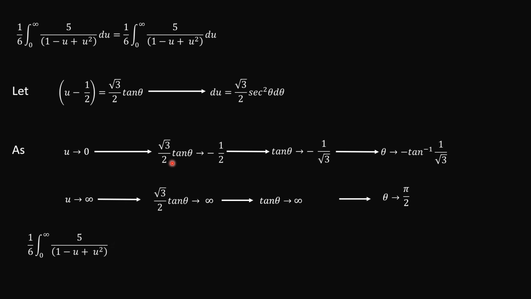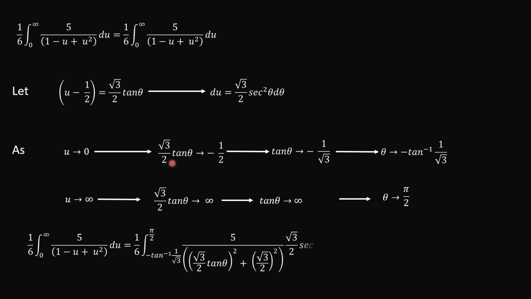Therefore, the integral 1 over 6, 5 over 1 minus u plus u squared, is the same as 5 over 6 times the integral from negative arctangent of 1 over root 3 to pi over 2, of root 3 over 2 sec squared theta, over root 3 over 2 tan theta squared plus the square of root 3 over 2.